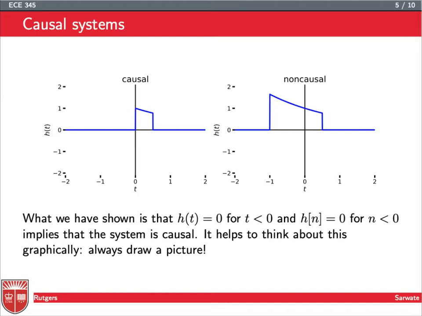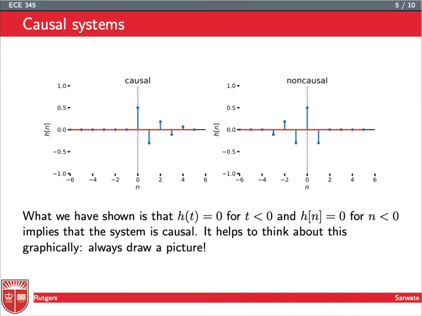It helps to think about this in terms of a picture. This system is causal because all of this stuff is 0. And this one is not causal. It's neither causal nor anti-causal, actually, because there are some parts involving negative time, and that means that when I do the flip and slide, I'm actually using some of the future inputs to determine the system output.